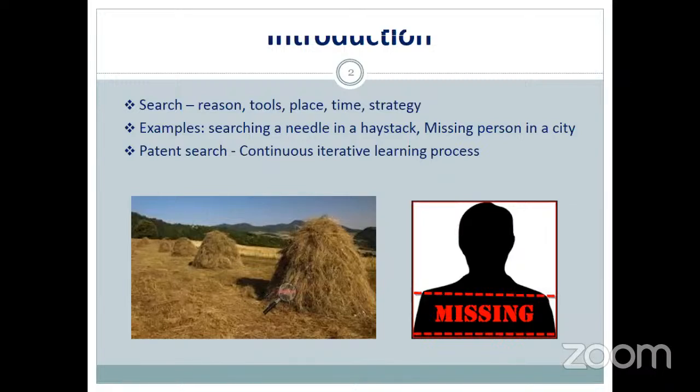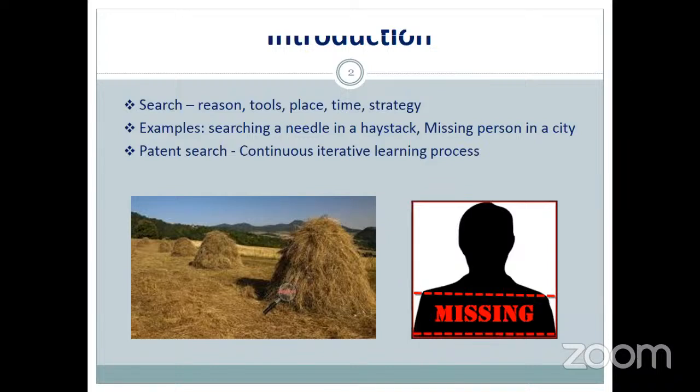So let me start with an introduction: why are we going for a search? As I have given in this slide, why we need to search and how can we do the search? Suppose we want to know something, then we are looking for a search.